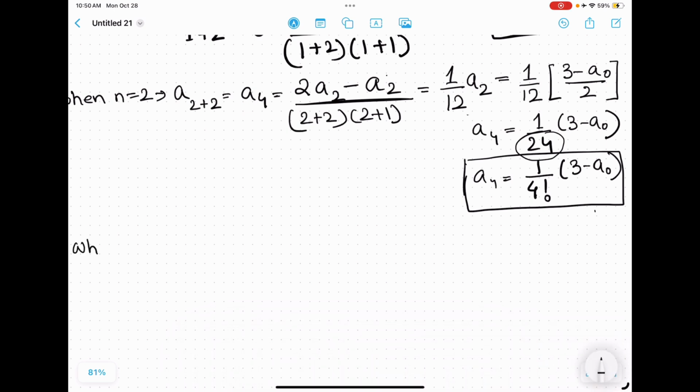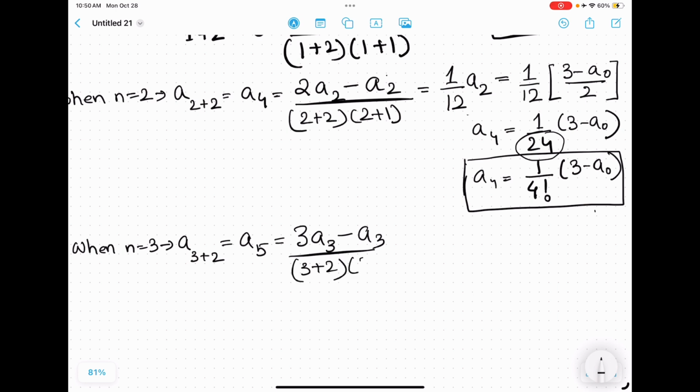So I have n equal to 3, then I get a sub 3 plus 2, which is a sub 5, which is 3a sub 3 minus a sub 3 divided by 3 plus 2 times 3 plus 1.